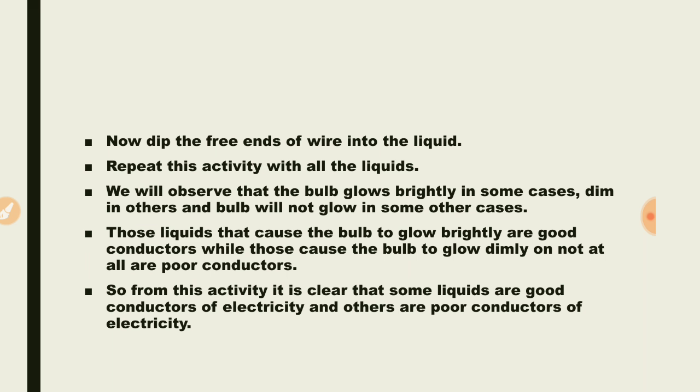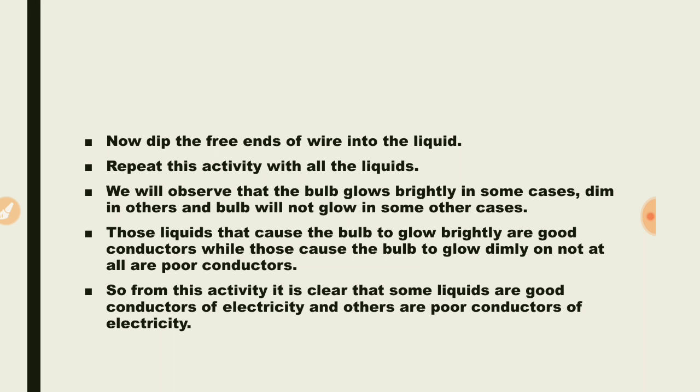Now dip the free ends of wire into the liquids, and we have to repeat this activity with all the liquids. After repeating the activity, we will observe that the bulb glows brightly in some cases, dimly in others, and in some liquids, the bulb will not glow.